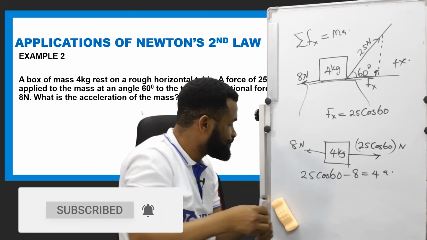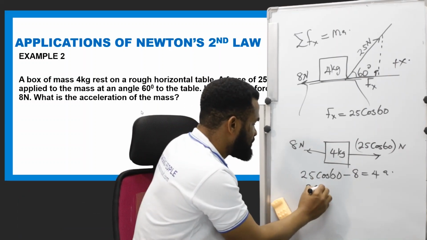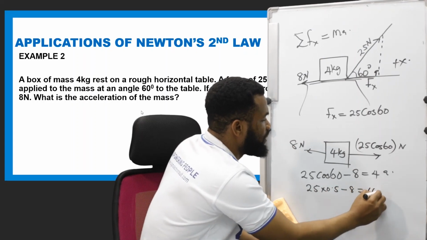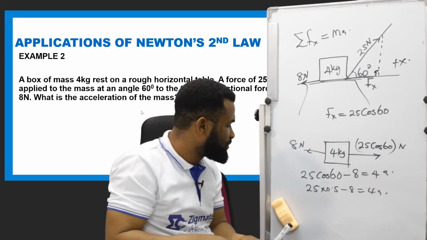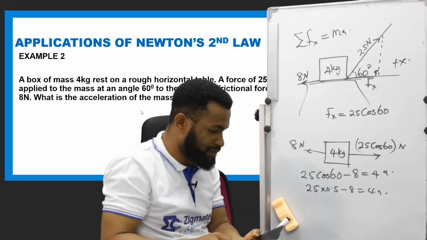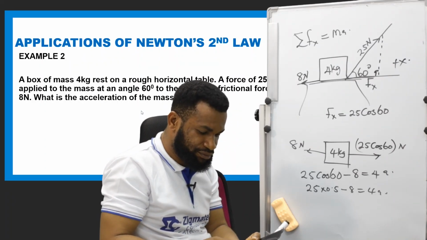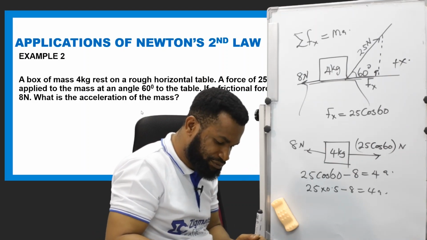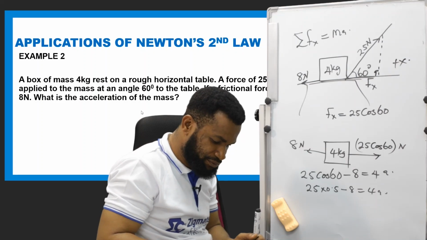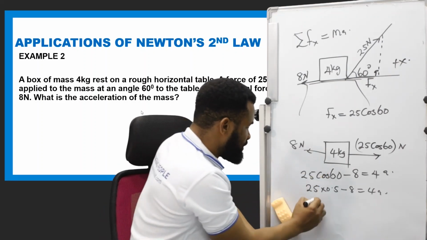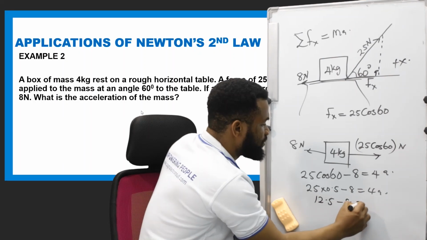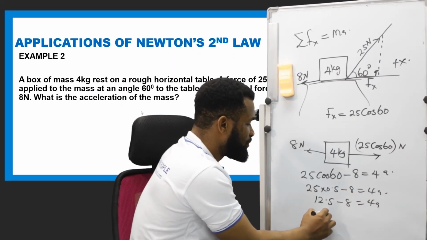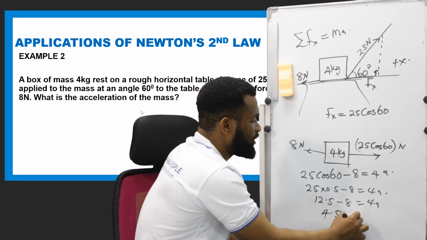So we have 25 times 0.5 minus 8 equal to 4a. 25 times 0.5 is going to be 12.5 minus 8. So this is 12.5 minus 8 equal to 4a. So 12.5 minus 8 is 4.5 equal to 4a.